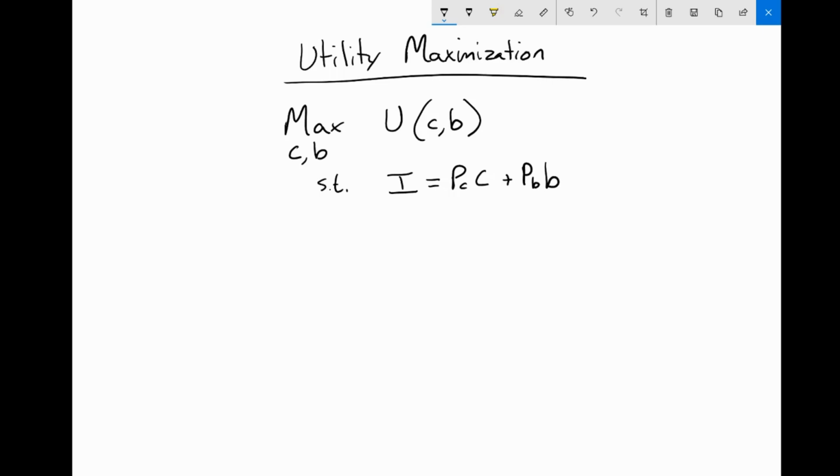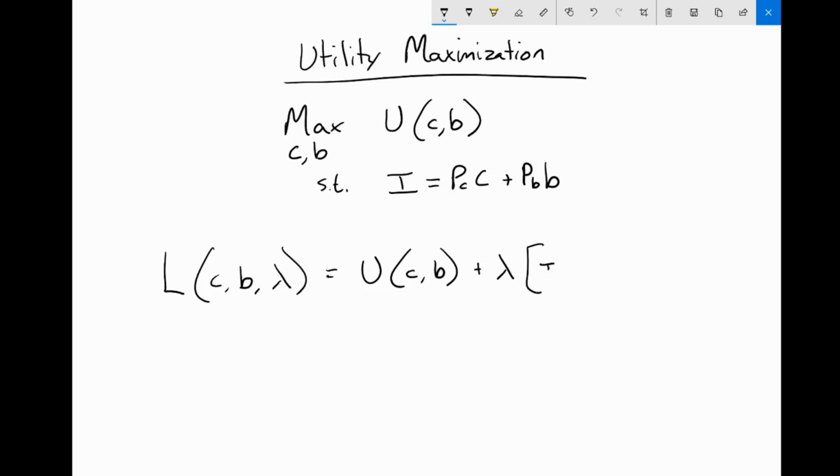Well, how do we do this? If you remember, let's do this generally first. We set up the Lagrangian, or the Lagrange function, which has our utility function plus the Lagrange multiplier times the budget constraint. Then we go through our steps.